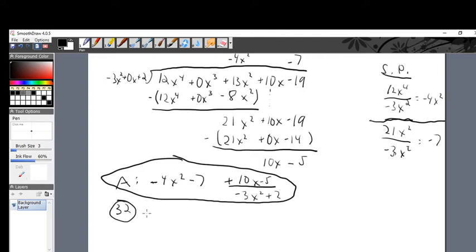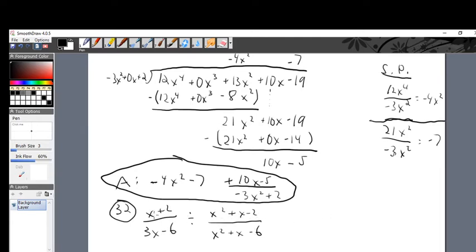It's x plus 2 over 3x minus 6, divided by x squared plus x minus 2 over x squared plus x minus 6.